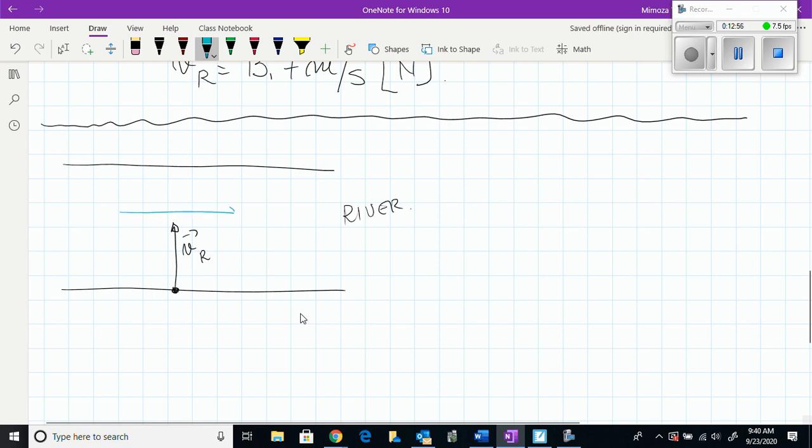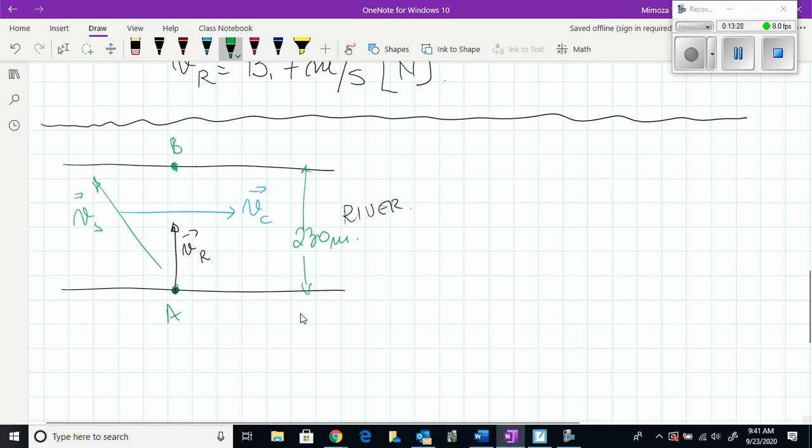This is the current, and this is the swimmer. But if you go from A to B, then you will take this distance, 230 meters.